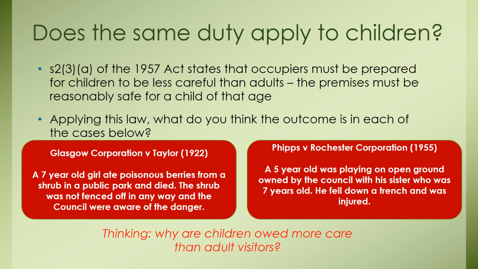So what I want you to think about in terms of further evaluation is, why are children owed more care than adult visitors? If you can write a few notes about this, when we come to evaluating this area in more detail, I'll be wanting to hear from you. Hopefully you're thinking along the lines of children being less aware of danger.